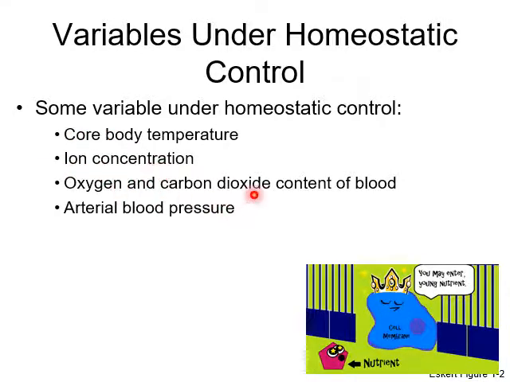Oxygen and carbon dioxide, and that's pretty pertinent with our lungs since that's been in the news these days. Blood pressure, because what do you do when you go to the doctor? They look at your blood pressure. Some others. How about blood sugar? Urea levels, ion or osmolarity.